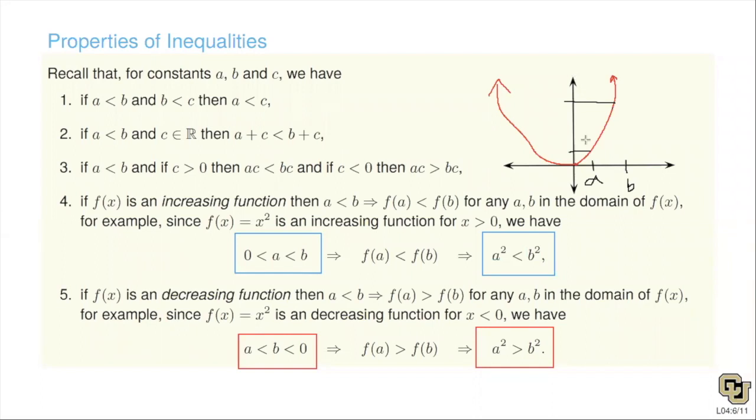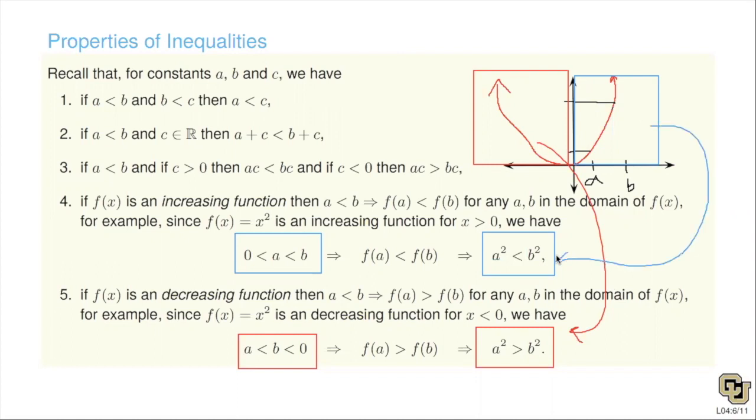It all depends on whether I'm in the increasing portion of the graph or the decreasing portion of the graph. Here we're getting two different behaviors depending on which section. This is because it's decreasing, and here this happens because it's increasing. They're the same function, but two different behaviors, because in one region we're in an increasing part, and in one region we're in a decreasing part.